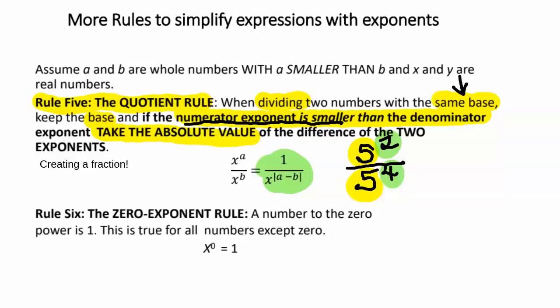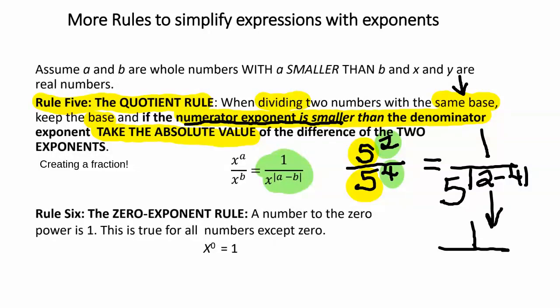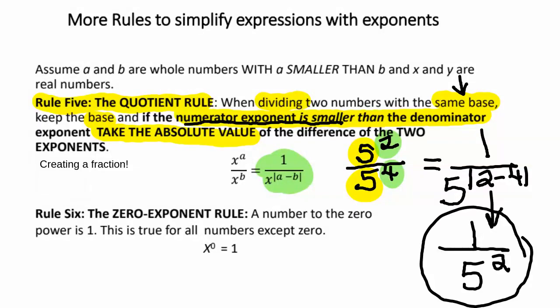I'm going to put 1 in the numerator, and that's always going to be a 1. And then I'm going to take the 5 and take the absolute value of 2 minus 4, which means that I have 5 to the positive power of 2 in the bottom. I'm taking the absolute value. Remember what the bars mean?